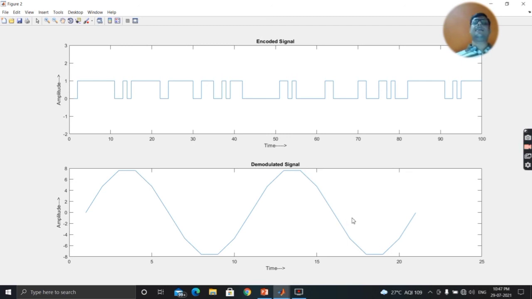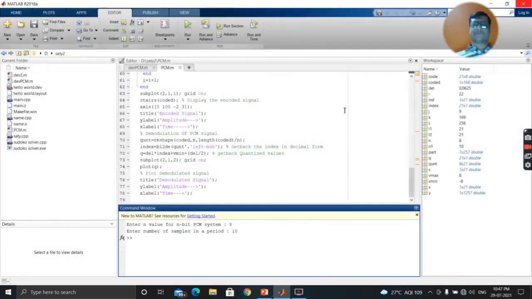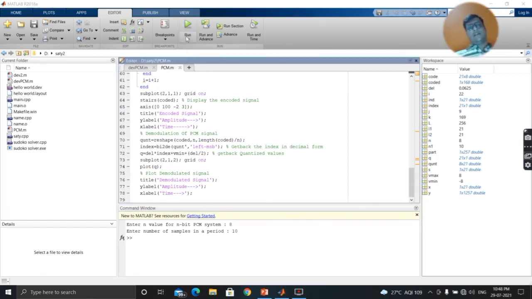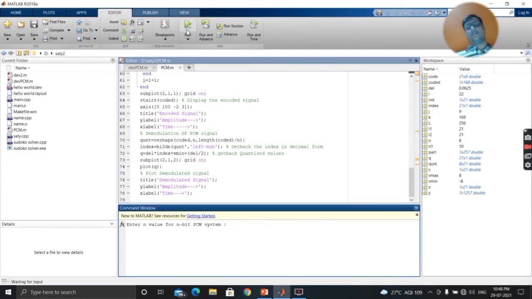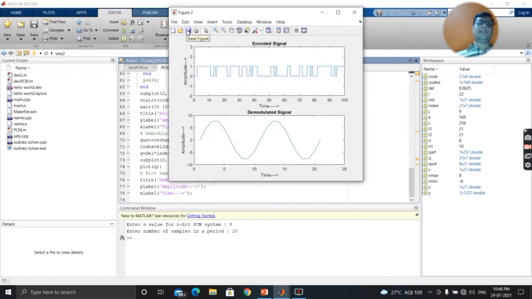So these are the basic steps by which you can understand the generation of the PCM signal and the detection of the PCM signal. With the help of this, we can analyze the working principle of PCM, what the basic components are, what the steps are, and how to execute this code with a given value. You can change this value, and according to that, the figures will come into the picture.